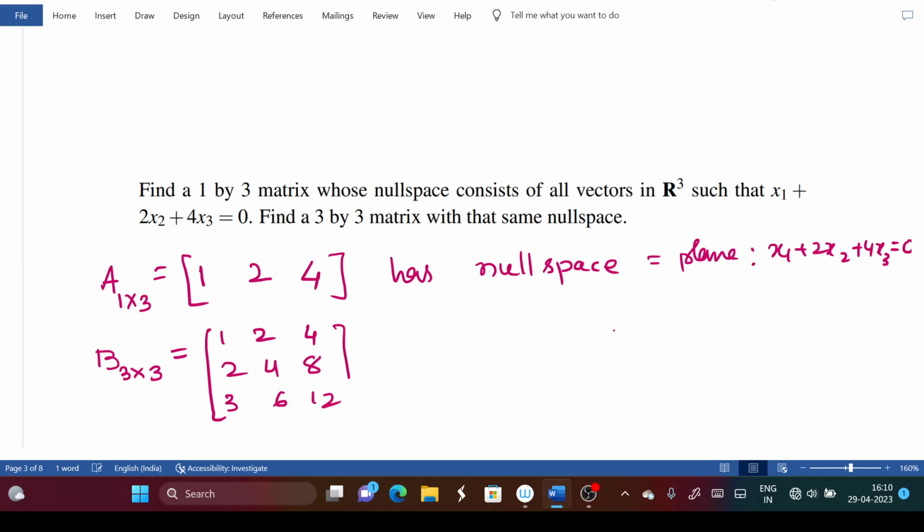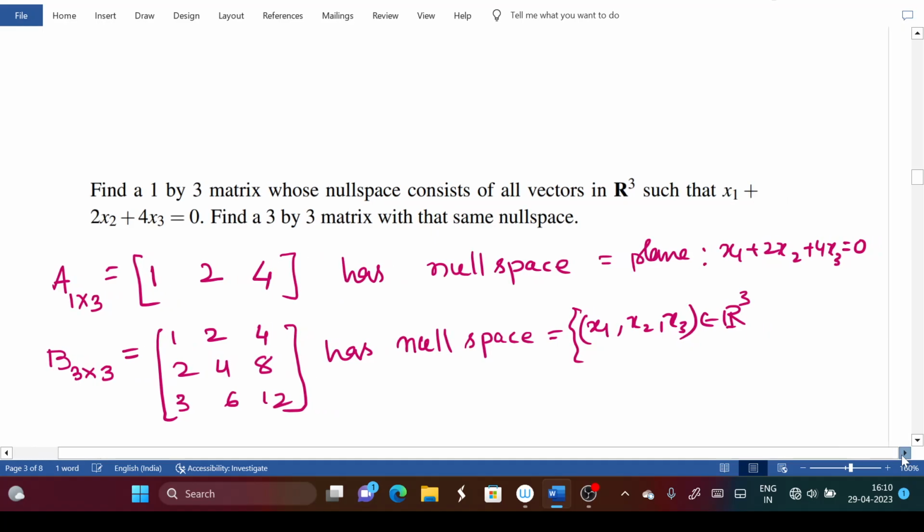So this matrix has null space equal to x1, x2, x3 belonging to R cube such that x1 plus 2x2 plus 4x3 is equal to 0. So this part of the question is answered.